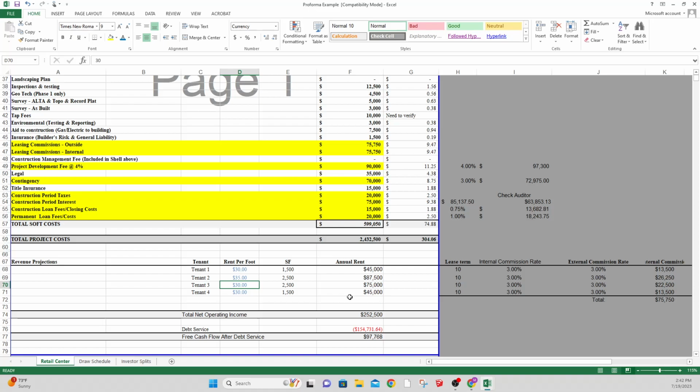Let's say this one maybe not so much. Let's say 29, or whatever the math may be. But we're just going to assume they're all 10-year leases. You can modify that as needed. Let's say if it was a 5-year deal, you could just make a 5-year deal for this. We'll just keep them all 10 just to make it simple.